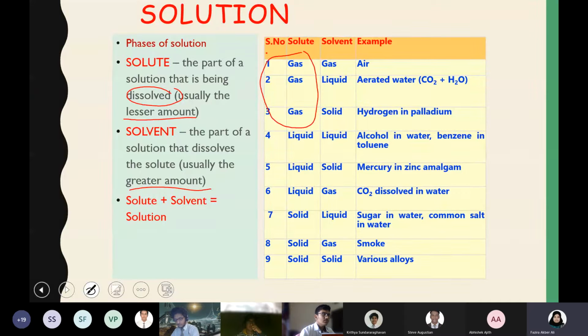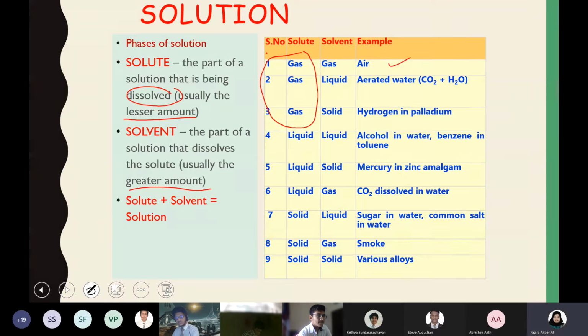Many different types of gas molecules are homogeneously distributed throughout. So air can be considered a solution, a homogeneous mixture of different gas molecules, where both solute and solvent are in the gaseous state.